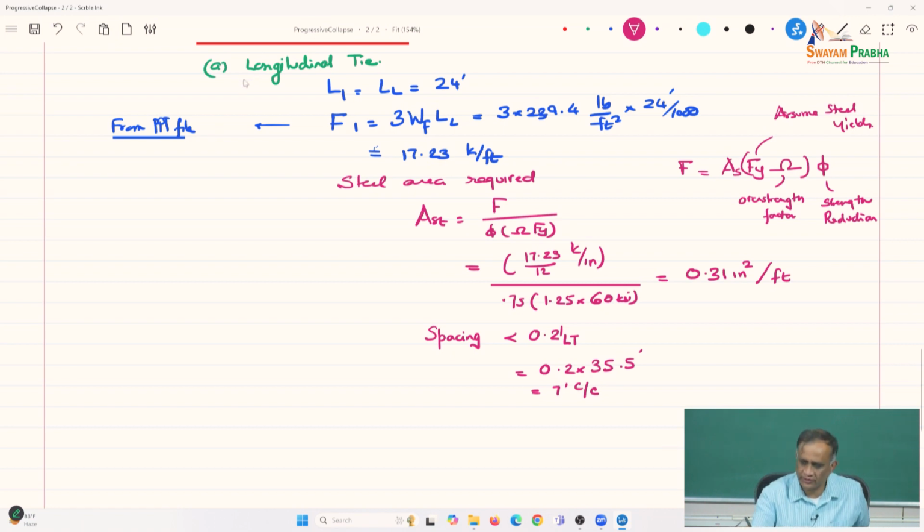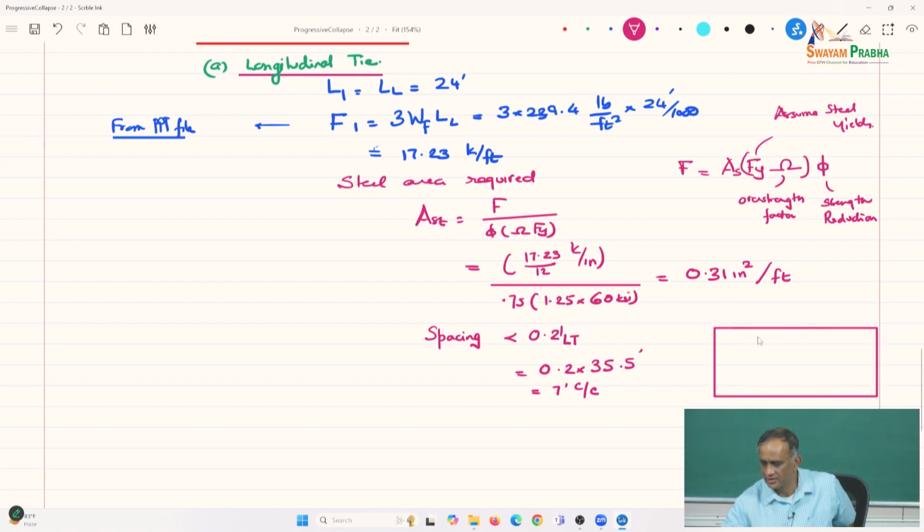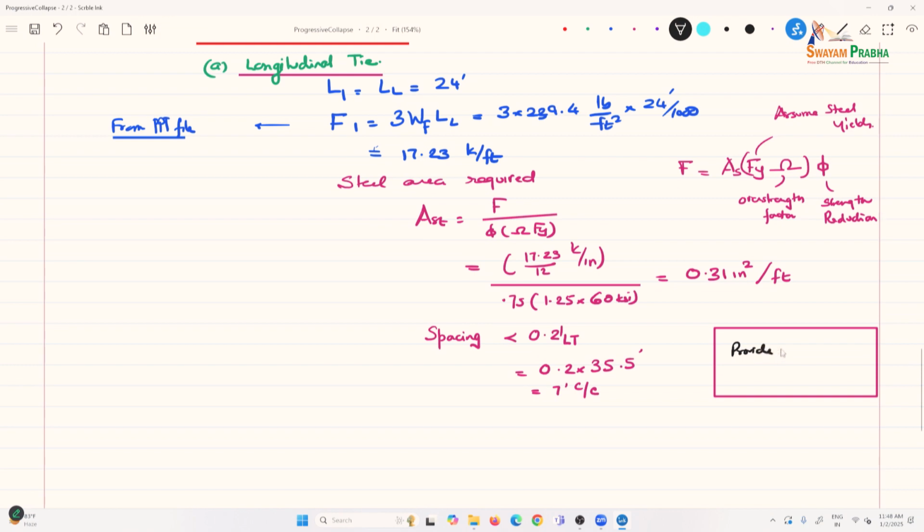So, this was a longitudinal tie. What we have is, provide outside the beams 0.31 square inch per foot outside the beam width.